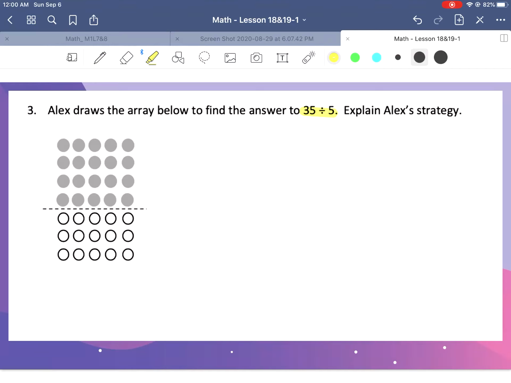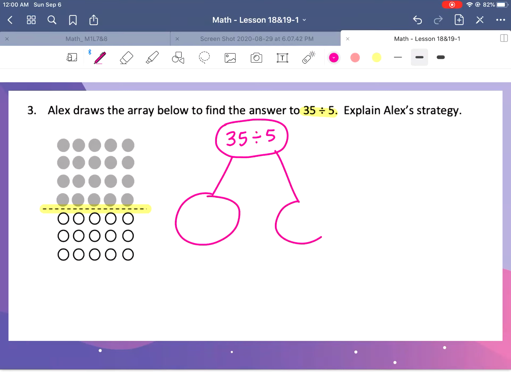So instead of finding the answer of this equation right away, Alex chose to split this array into 2 parts. So I'm going to write down the final one first. And then since he has 2 groups, I'm going to draw 2 groups. And once again, we need to keep the operation the same. So it's going to be something divided by 5, something divided by 5. But then let's find out what the something is.